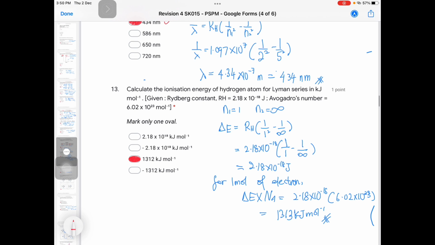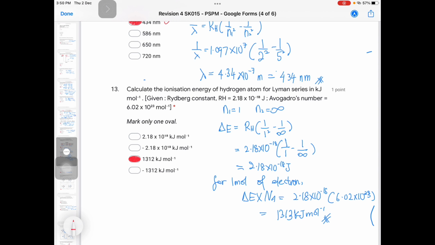Okay, question number 10. Calculate the ionization energy of hydrogen atom for Lyman series in kilojoule per mole. Given the Avogadro constant 6.02 exponent 23 per mole. Okay, so first kita tahu ionization energy untuk Lyman series, dia makes transition daripada 1 pergi infinity.